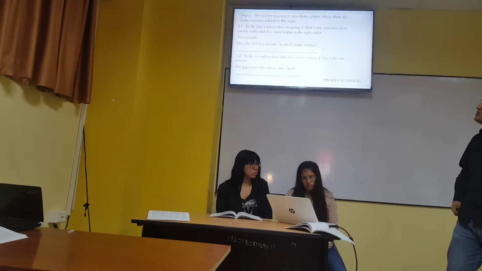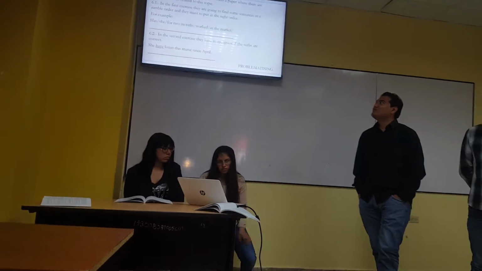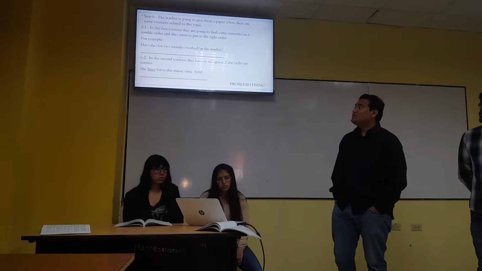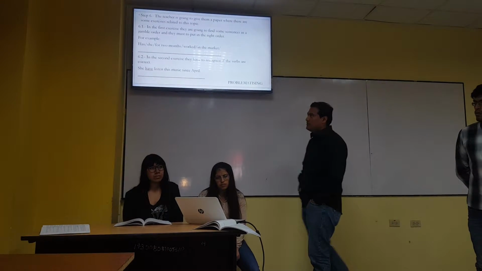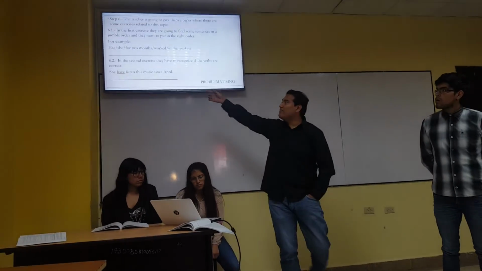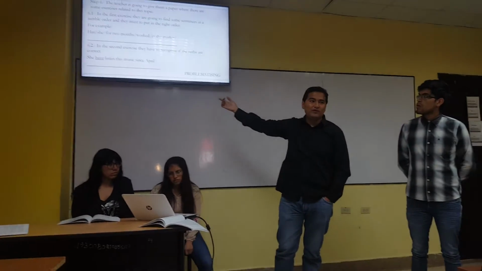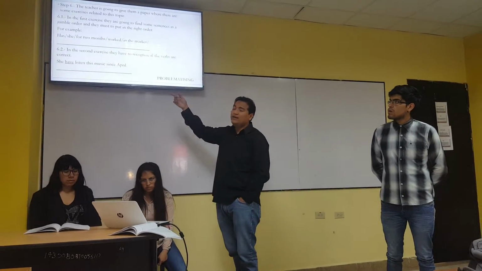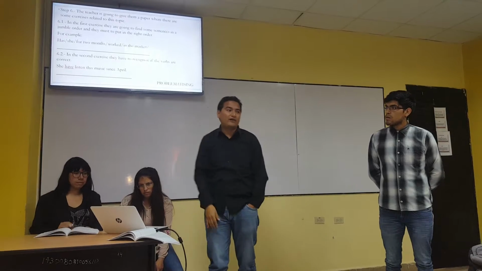In 6.2, the second exercise, they have to recognize if the verbs are correct. They have to pay attention to the structure. If they have, for example, "she have listened this music since April," they have to notice if the auxiliary verb is correct.